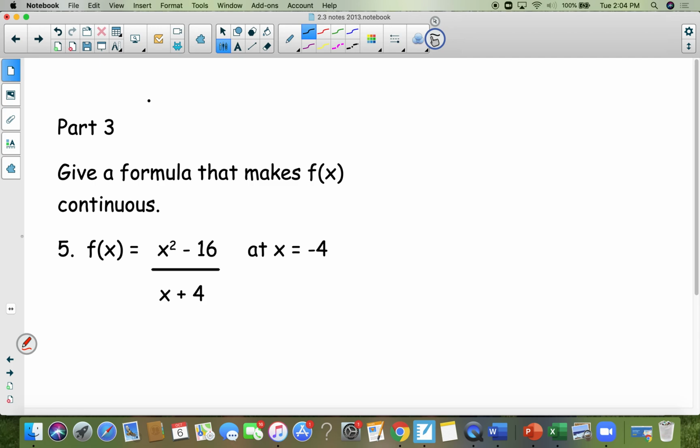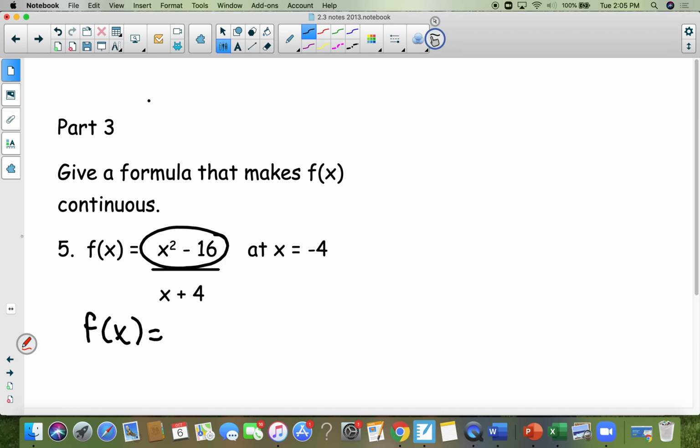Part 3, give a formula that makes f of x continuous. Right now it's discontinuous because when you plug -4 in there, it makes 0 in the denominator. A lot of you go, that's right, this isn't too difficult.